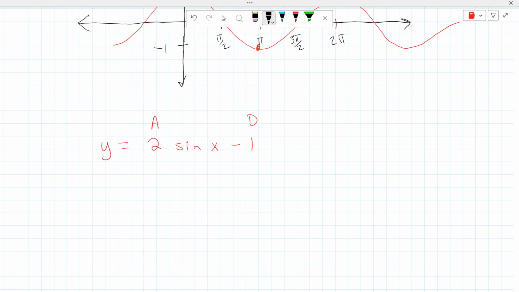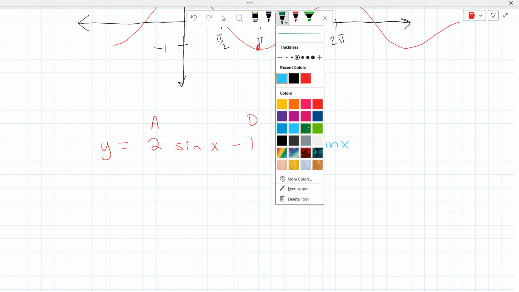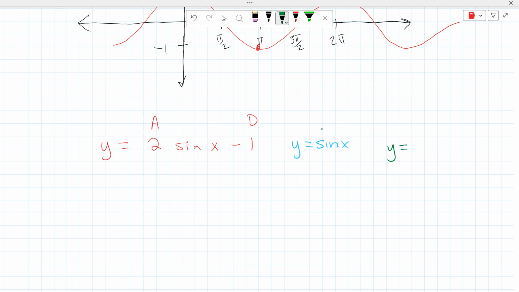But get some colored pencils or colored pens in your backpack because we're going to do these in several colors and we're going to put graphs on top of each other to show what we go from step to step to step. So I'm going to graph y equals the sine of x first. And then I'm going to graph y equals 2 sine of x. And then I'm going to graph y equals 2 sine of x minus 1. So I'm going to lay out my graph.